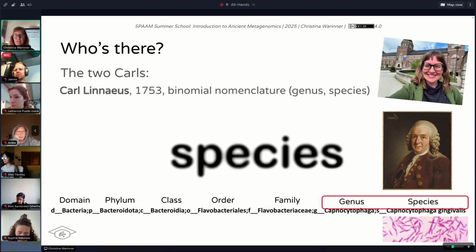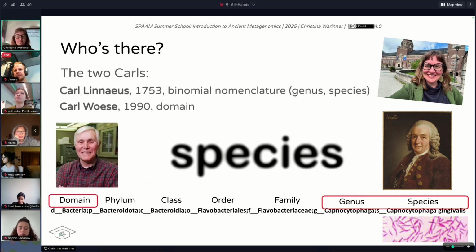And fun fact, earlier this year, I got to go to the Swedish National Museum and actually see his original type specimens that he had handwritten those binomial names onto. It was very exciting. If you have a chance, go to Stockholm and see this museum. It's incredible. And so Carl Linnaeus is really important because he establishes the framework that was built upon to systematize the relationships between different organisms.